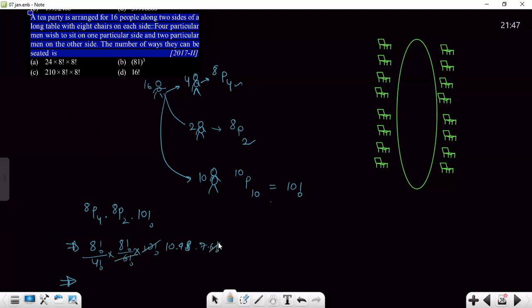So 6 factorial cancels 6 factorial. 4 factorial becomes 24. Now 8 cancels 24 by 3. 3 cancels 9 by 3. So this becomes 8 factorial square into 10 into 3, 30 into 7. 30 into 7 is 210. So basically option C is the correct answer.